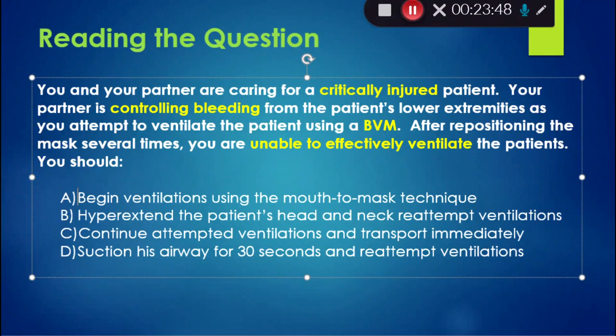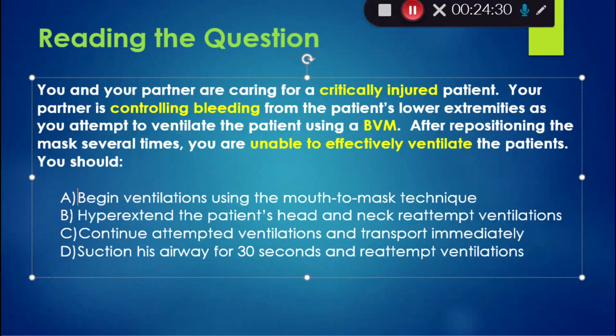What is that going to benefit the patient? Or is that going to help me be a better provider? And I don't know that there's any benefit to changing to the mouth to mask. So let's look at B. Hyperextend the patient's head and neck to reattempt ventilations. So think back in your textbook and in your scenarios in class, have you ever heard of us talking about hyperextending a patient's head and neck in a critically injured patient?